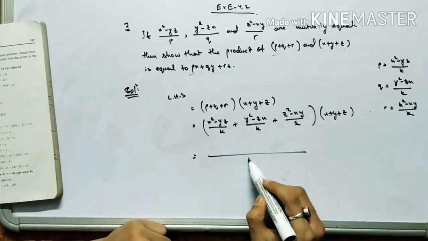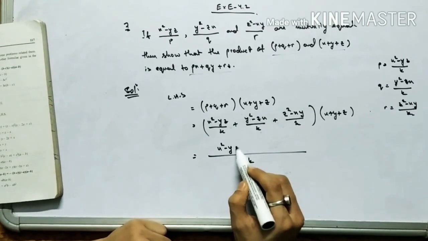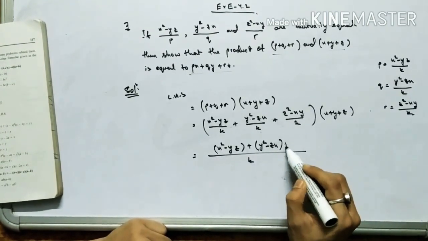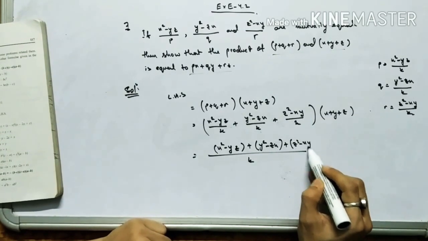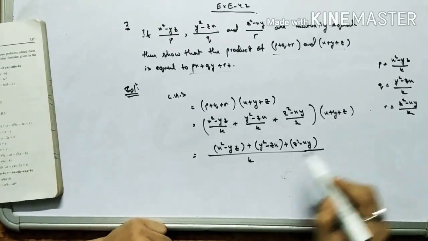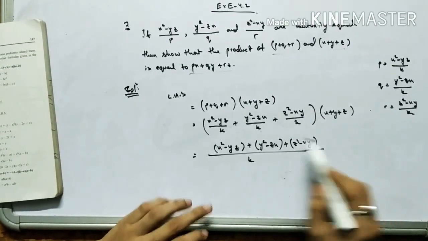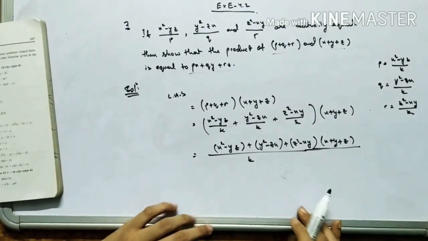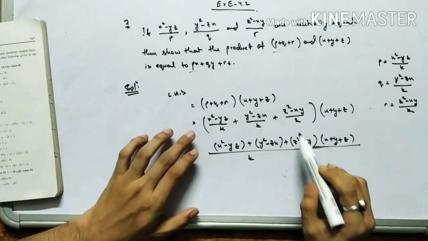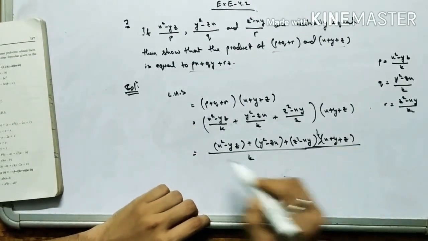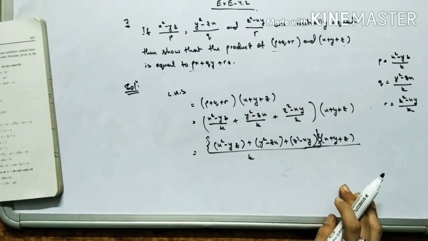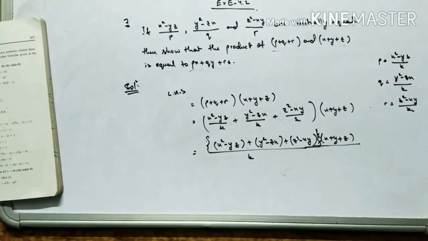So this is the LCM k, and this one I can take x plus y plus z. Understand? Here I will give brackets.